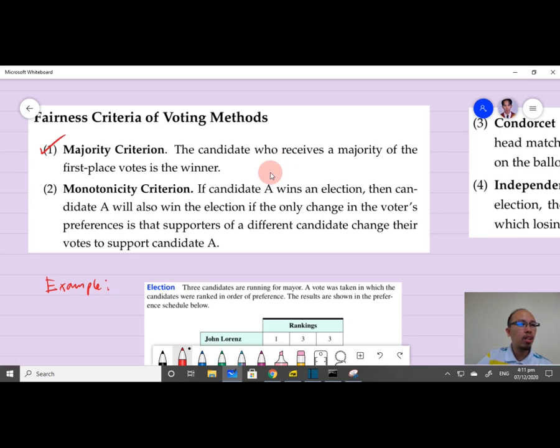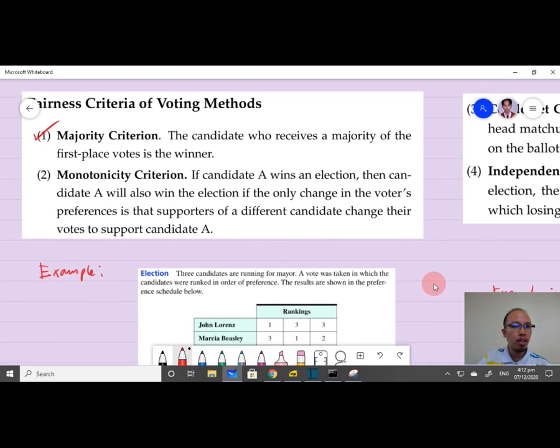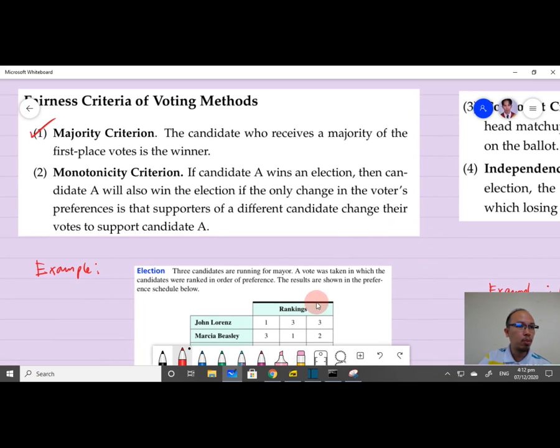Meaning to say, if you are going to use a particular voting method, then if the winner is the same as the winner using the majority vote, then that particular example does not violate the majority criterion. Okay, so let's try to illustrate this one by answering this example here that I prepared.